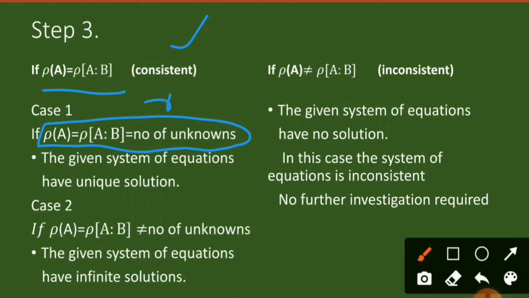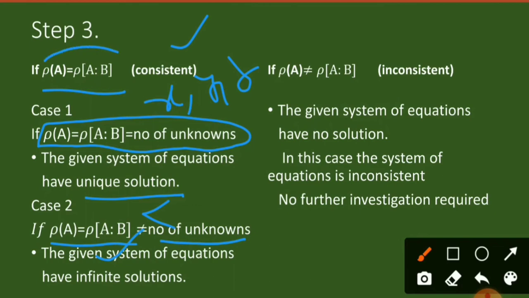Number of unknowns means how many variables, x, y, z, are present in the equation. If these three things are equal, then the given system of equations has a unique solution. The second case is when rank of A and rank of A double dot B are both equal, but that is not equal to the number of unknowns, being less than the number of unknowns. In that case, the system of equations has infinite solutions.